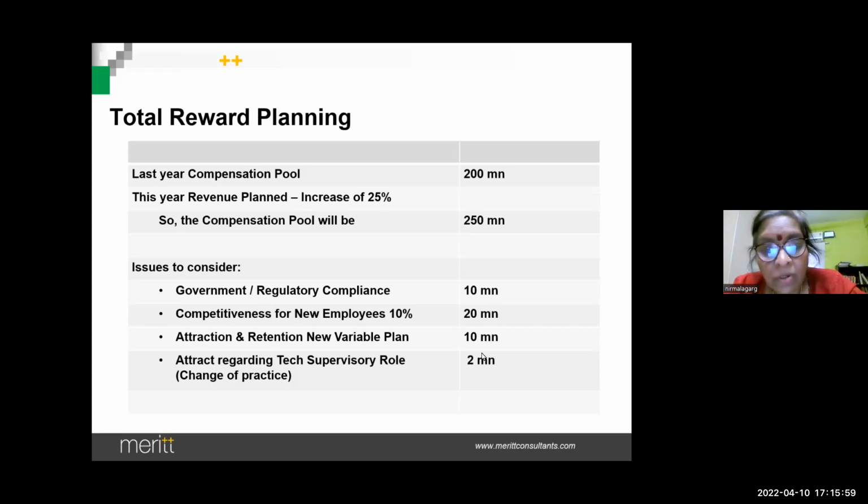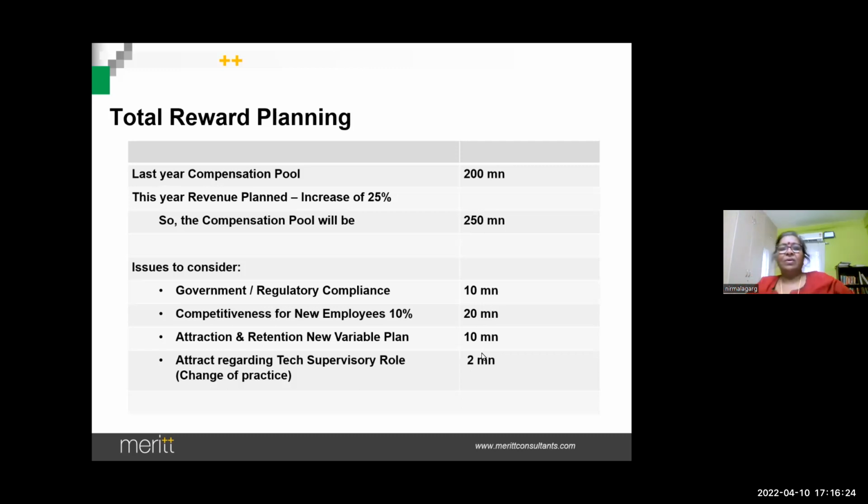No? All right. Now, typically when we talk about reward planning, what does it mean? What is the money you really need, which will take care of all your payroll costs, wage costs, etc.? So how do you plan that? There is something we typically call the compensation pool.